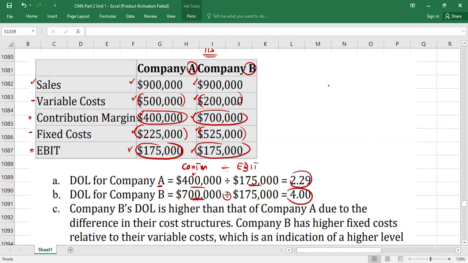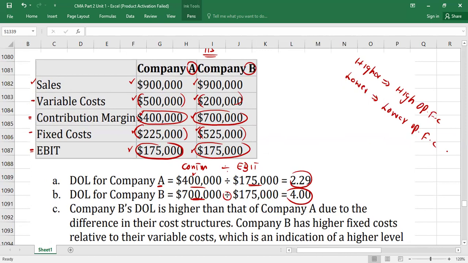Please note, there is one general rule: if the answer is higher, it means the business has high operational fixed cost. If the answer is lower, it means the business has lower operational fixed cost. This is the general rule of thumb.